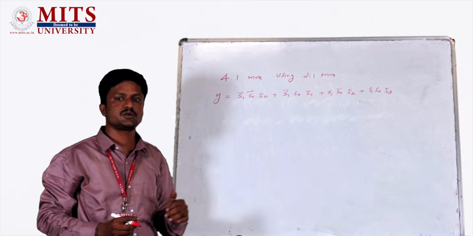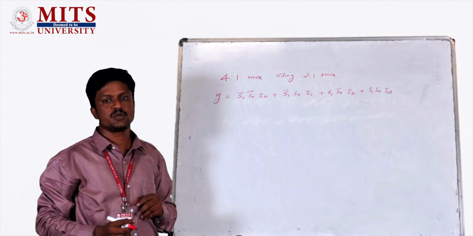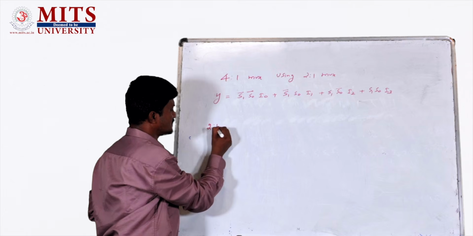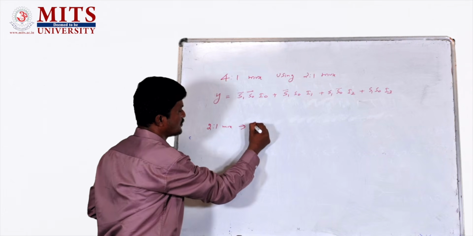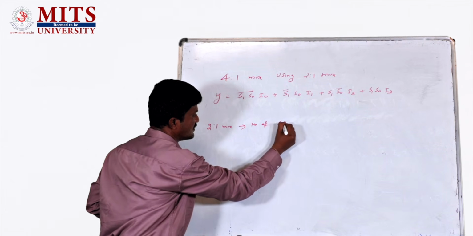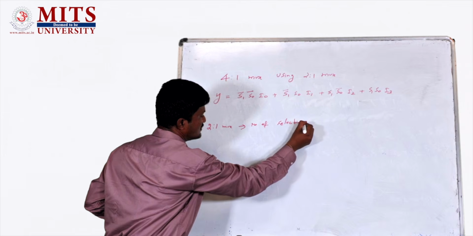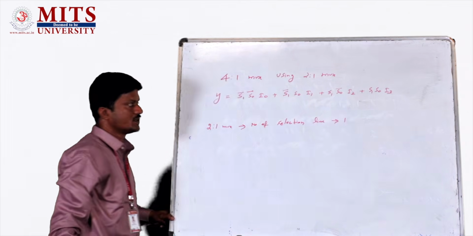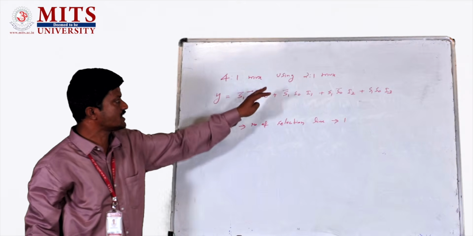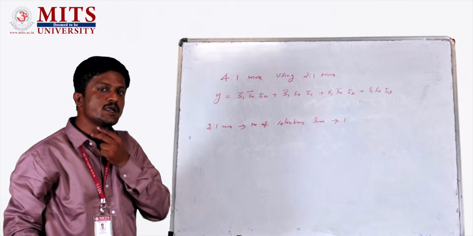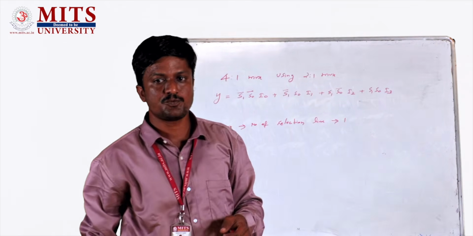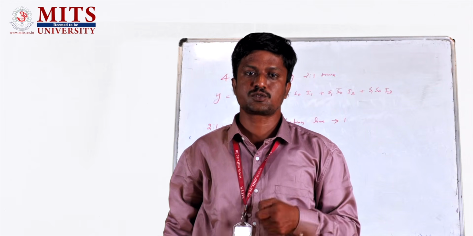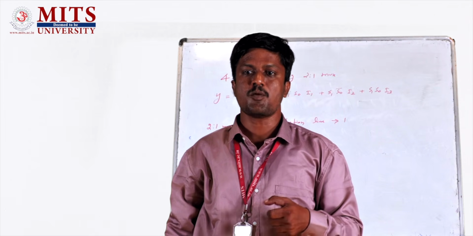Now we are going to realize it using 2 is to 1 mux. You have the idea for 2 is to 1 mux: the number of selection lines is 1. Here the number of selection lines is 2, so you are going to expand with the help of either S1 or S0, in true form and its complement form.